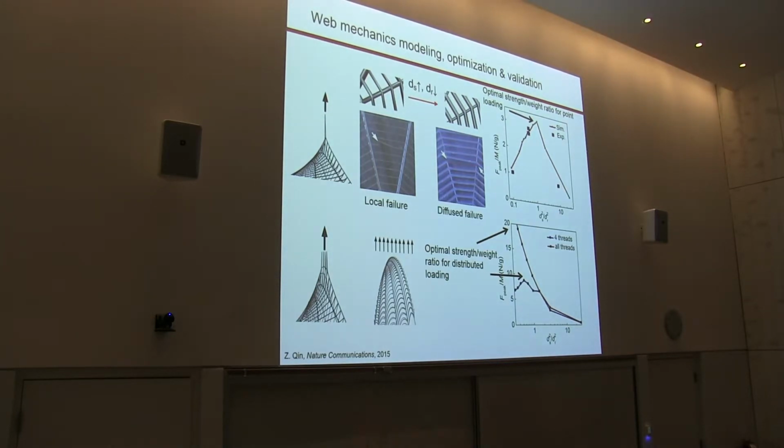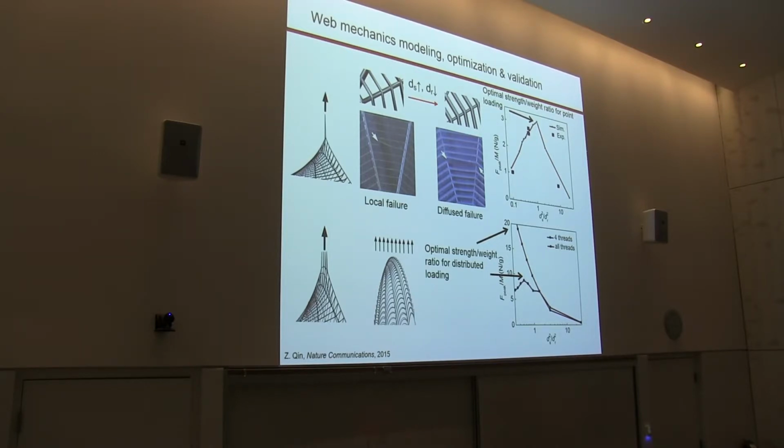I want to do the optimization. As I said, I want to compare and ask about the difference between the homogeneous design and heterogeneous design. So I can systematically change the web model from a homogeneous design, with the same diameter for the spiral thread and the radial thread, to a heterogeneous design, like those two extreme cases. I see that for single point loading, I reach the optimal strength by having identical spiral and radial threads.